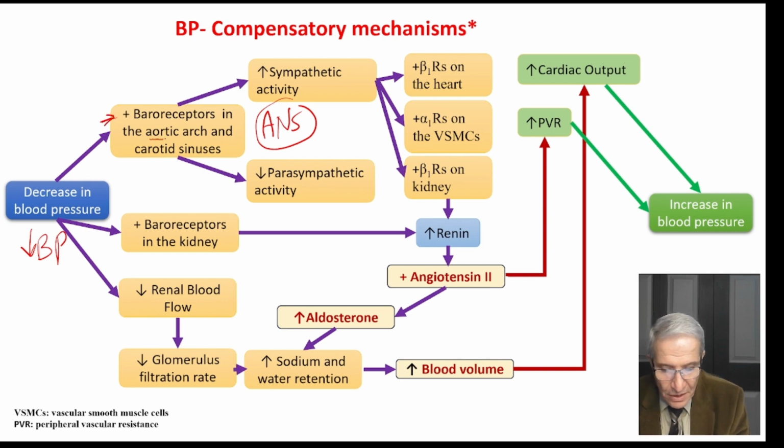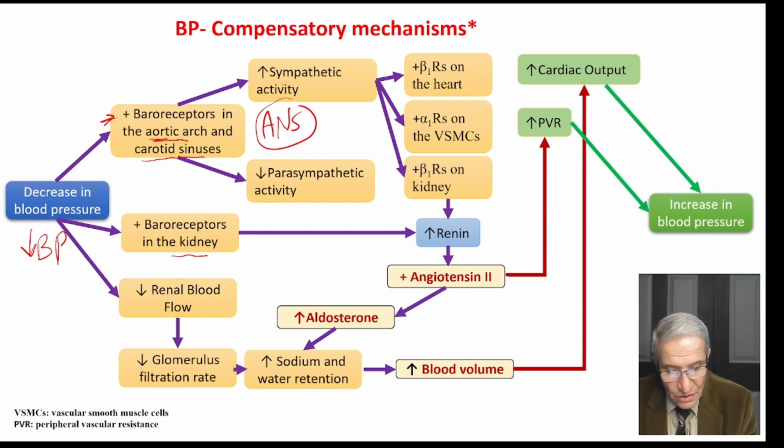Baroreceptors are available in the aortic arch, carotid sinuses, and in the kidneys. So we have many places. Speaking about the baroreceptors in the aortic arch and carotid sinuses, this will lead to activating the sympathetic system and decreasing the parasympathetic system.